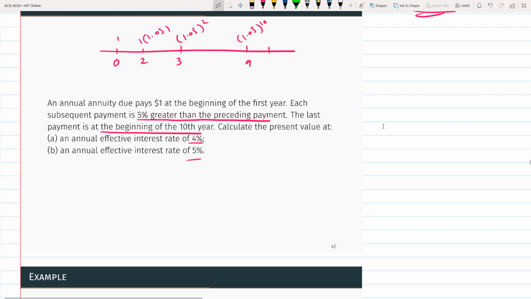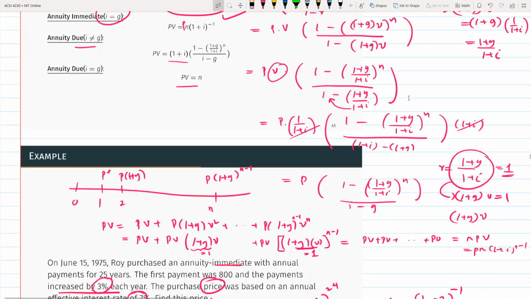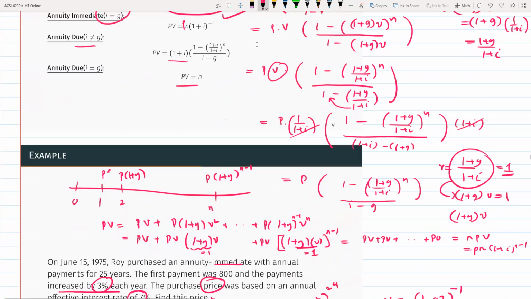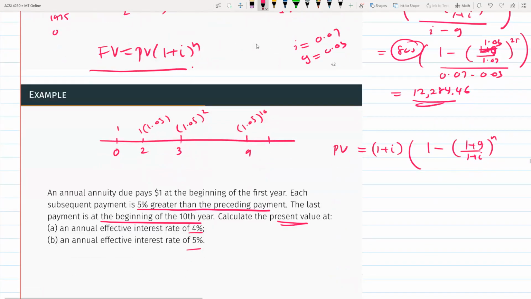Okay, so we use the formula. You want to calculate the present value. This formula, 1 plus I times, so this is 1 unit. We don't need to multiply by some number. Previously you had multiplied by 800. So this is 1 plus I times 1 minus 1 plus G over 1 plus I to the power N, over I minus G. So let's first understand what I is.